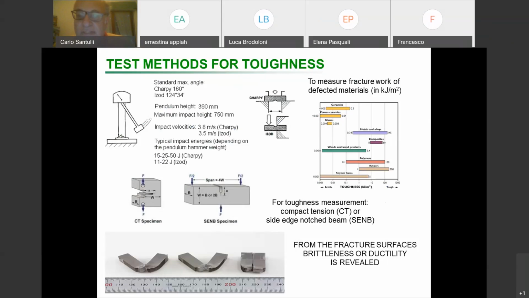This gives you only an idea of what the toughness of the different materials can be. In some cases, you may have large variation, for example with polymer foams, also because the stiffnesses can be very variable between different foams. Of course, as always, you can see that fracture surfaces give us indications of how ductile or brittle is the fracture we observe.